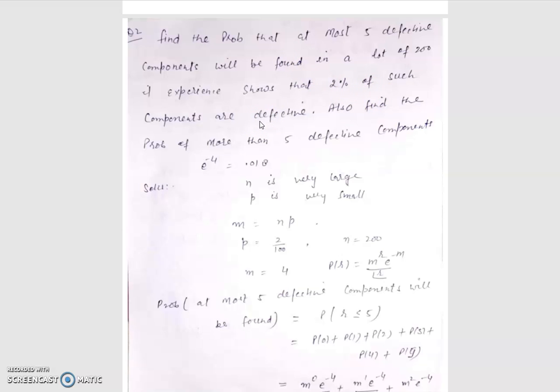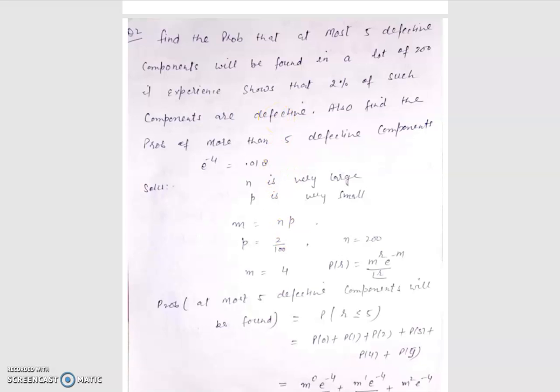So what is the probability of a defective component? The probability of a defective component, p, equals 2 upon 100, because it is given in this question that 2% of such components are defective.